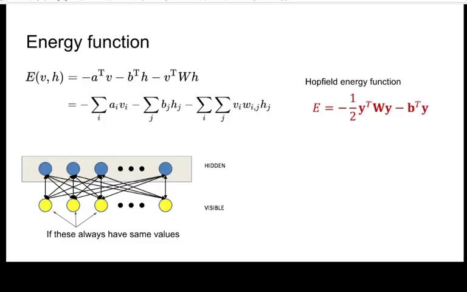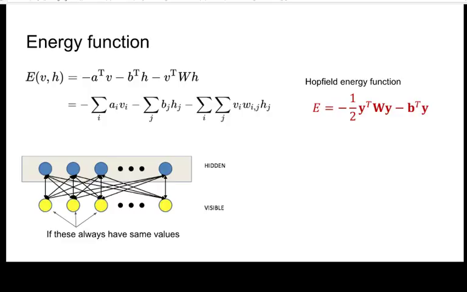So what do these nodes do? Let's say you have some visible units. This is where we put in our input data. Let's say we're talking about MNIST images, and the first three units correspond to the first three pixels in the row. Usually they're all going to be black.